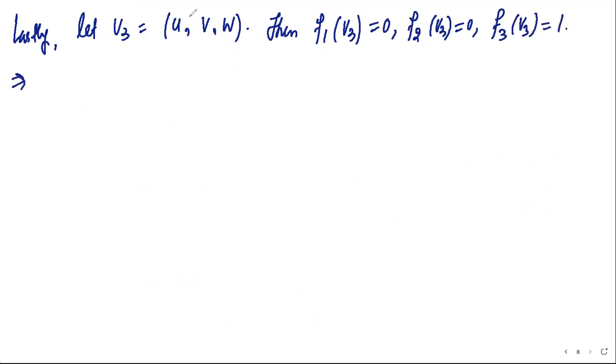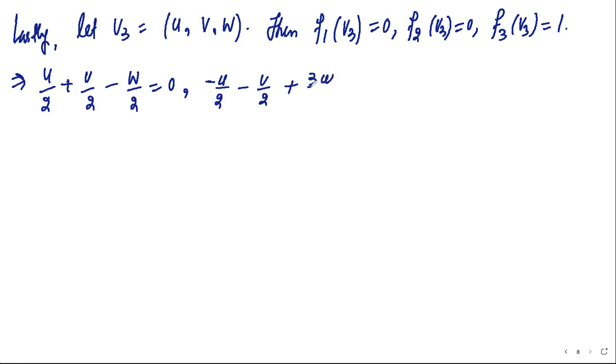Now, using the value of v3 and using the functionals f1, f2, and f3, we get u by 2 plus v by 2 minus w by 2 is equal to 0. The second linear functional gives us minus u by 2 minus v by 2 plus 3w by 2 is equal to 0. And the third one gives us u minus w is equal to 1.